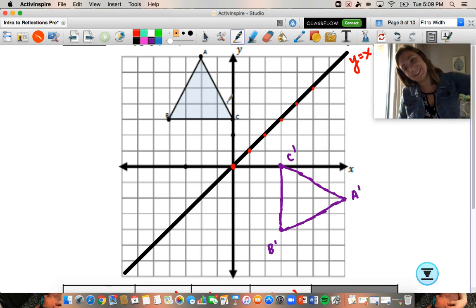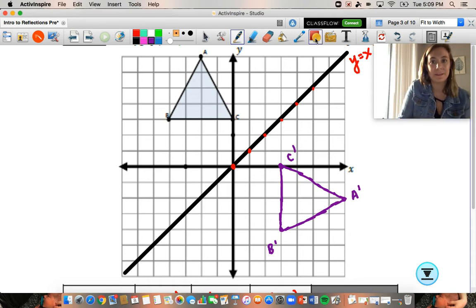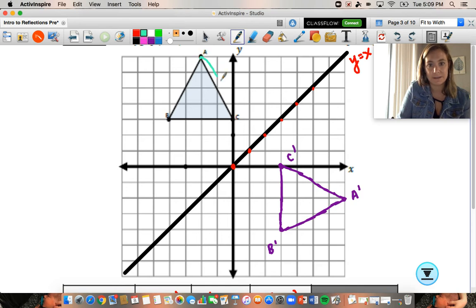So you might need to turn your computer or turn your head and see that if I were to connect A prime and A, I'm going to do it and then I'm going to delete it in a moment. If I were to connect these two, this is the perpendicular bisector of that, right? So this is halfway between them and creates that 90-degree angle.